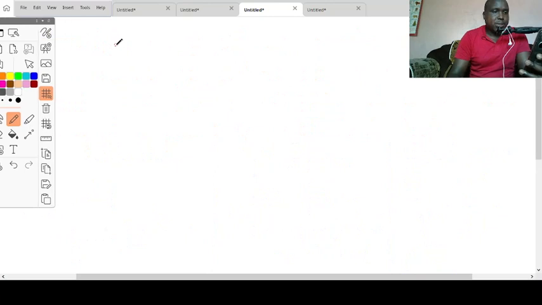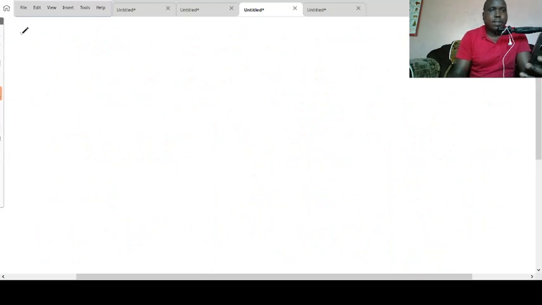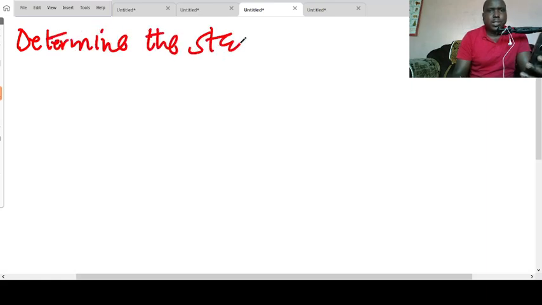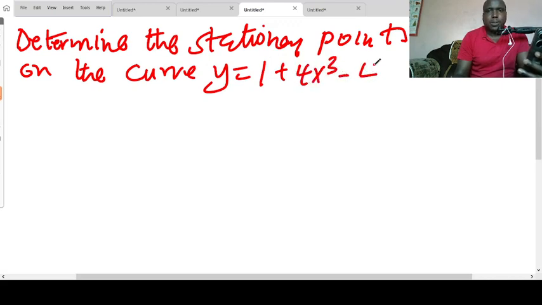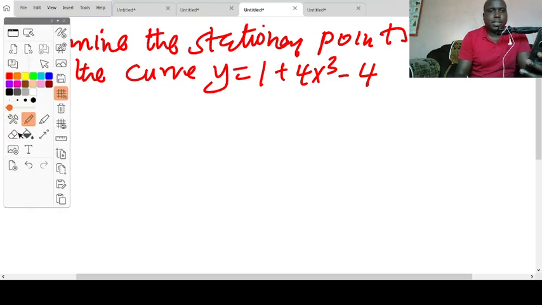Determine the stationary points on the curve y is equal to 1 plus 4x cubed minus x raised to power 4.